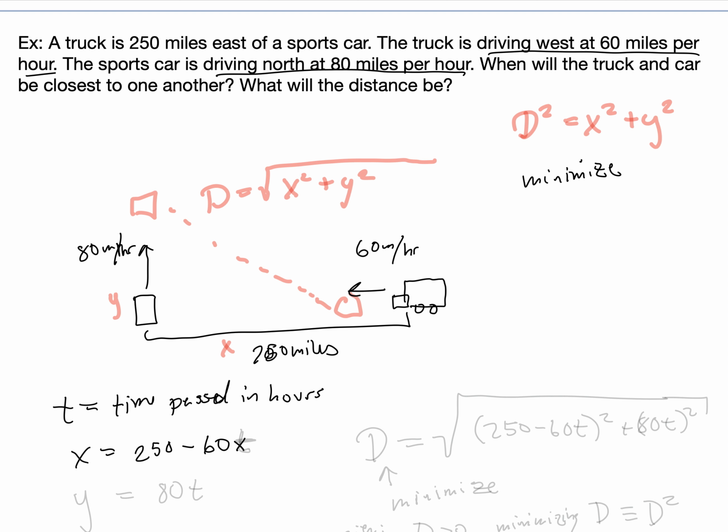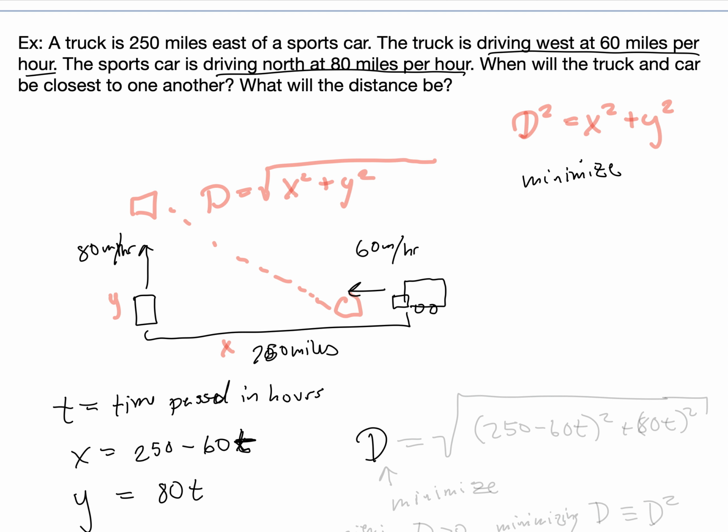So 250 minus 60t is the horizontal distance between the truck and the car. And y, the north-south distance, starts at 0 and is increasing at 80 miles per hour. So it's 80t, where t is in hours.